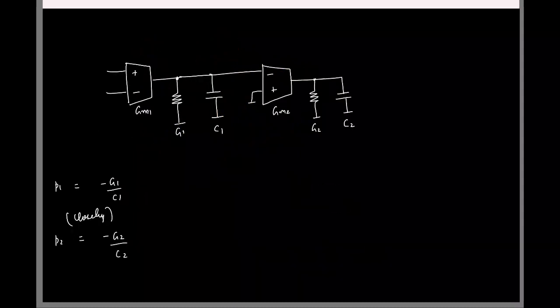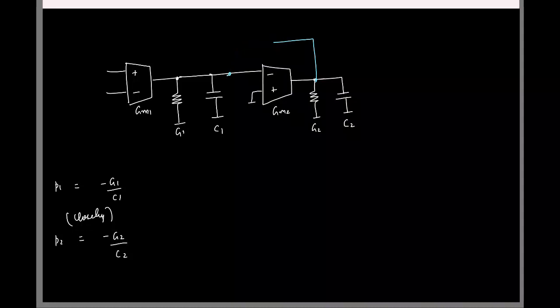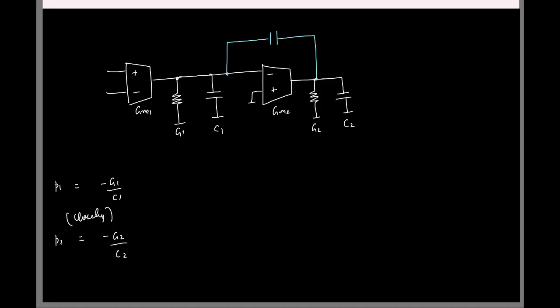So we'll do the same thing. I'll go ahead and put a capacitor around Gm2. This capacitor I'll call Cc, which stands for compensation capacitor.